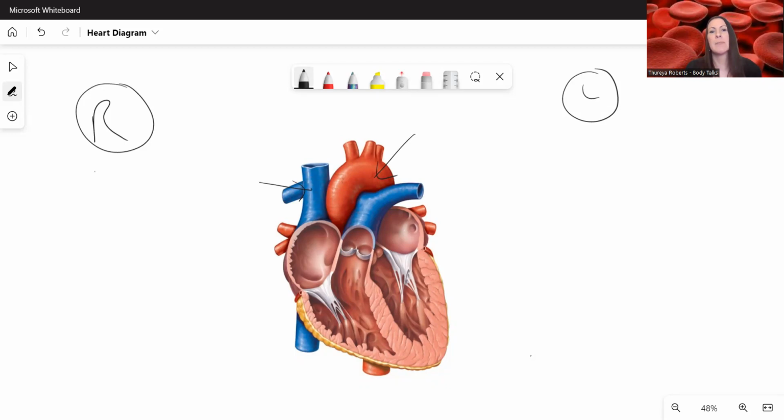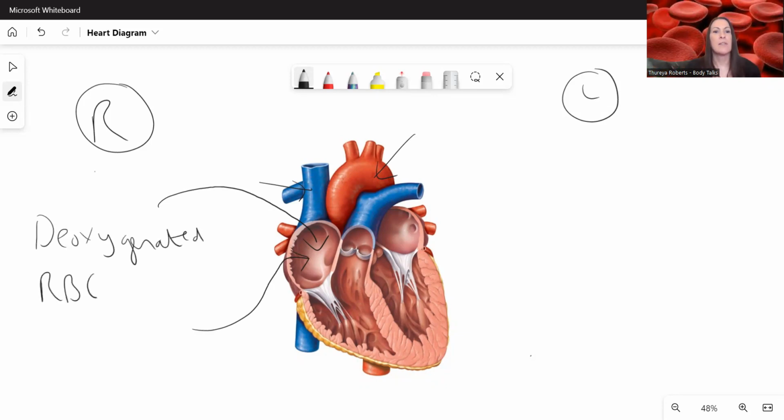So deoxygenated blood comes back into the heart via the superior vena cava and the inferior vena cava into the right atrium. So this is deoxygenated just now. Deoxygenated, I'll put RBC, red blood cells for short.